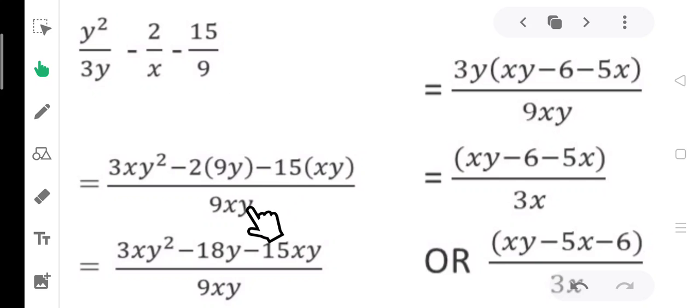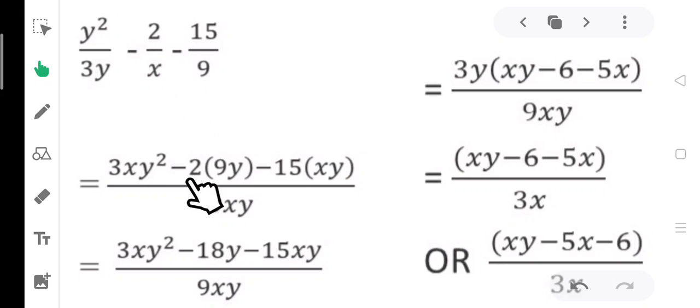So what's next is to divide the LCD by the denominators and then multiply by the numerators. So we have 9xy divided by 3y, that is equal to 3x multiplied by y squared. So we have 3xy squared. Then for the denominator, the second expression, we have 9xy divided by x times negative 2.